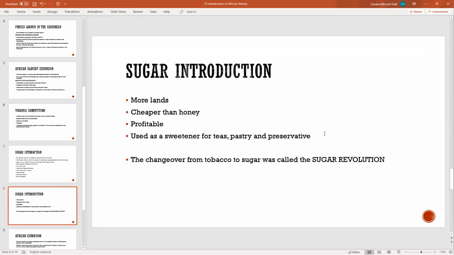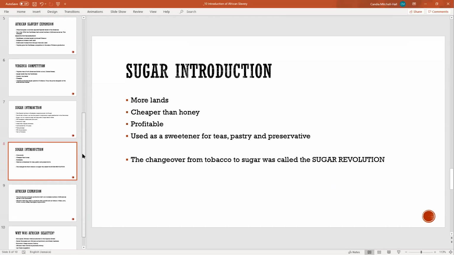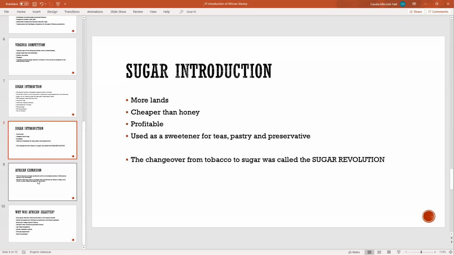So explain to me one reason why there was a change over from tobacco to sugar. Just one. So they needed to expand their economy because both the Spanish and the British were poor on either side. All right.